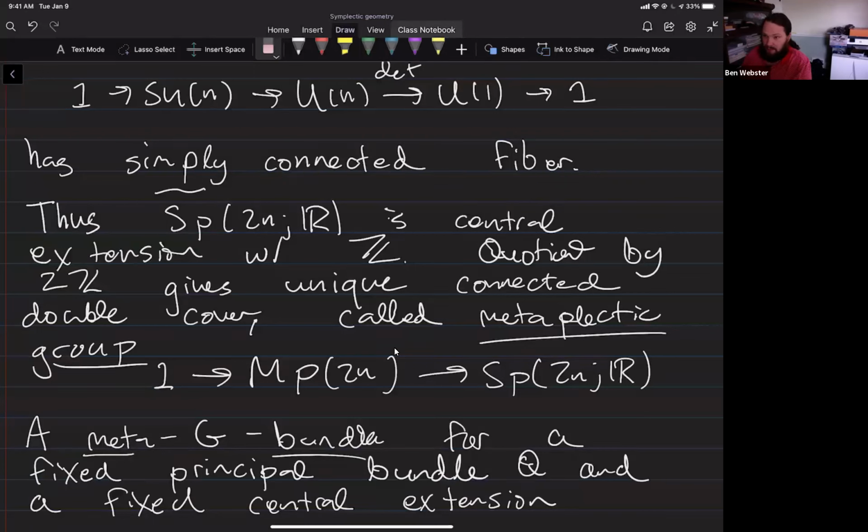Oops, I wrote the wrong exact sequence there. So this has a subgroup, which is Z mod 2, and if I mod out by that Z mod 2, I get the symplectic group.